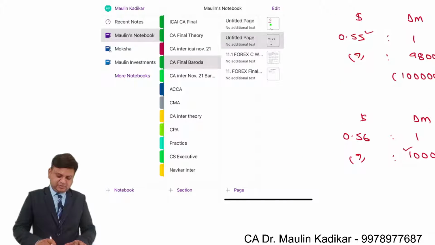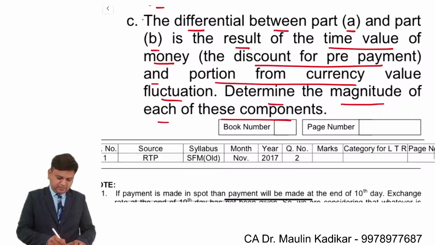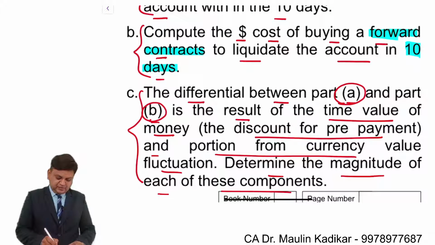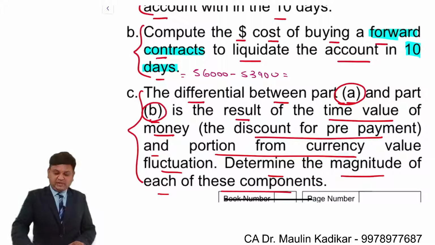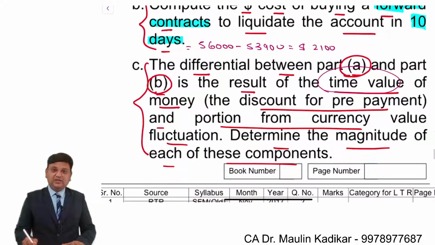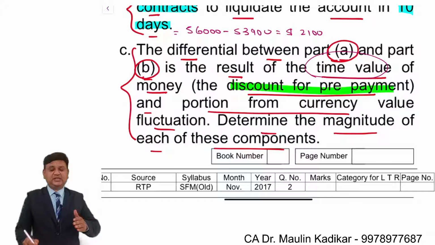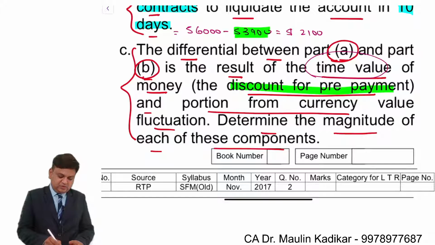The third part of the question is important: the differential in part A and part B. The difference is, the $56,000 you have to pay in comparison to $53,900. So the additional payment that you have to make is $2,100, which is the result of the time value of money. That is the discount which is forgone, because your cost increases from 53,900 to 56,000.